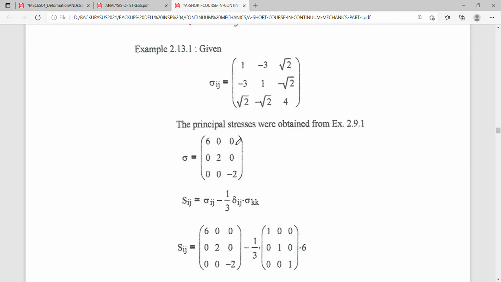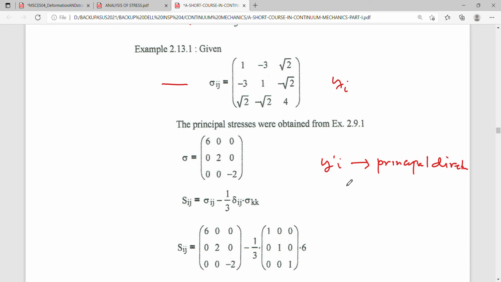So it is not necessary to convert the original stress tensor on the y axis. This is now converted into a y prime axis on the principal direction.